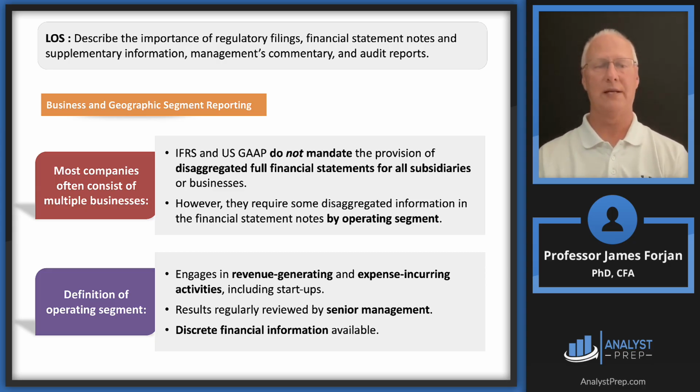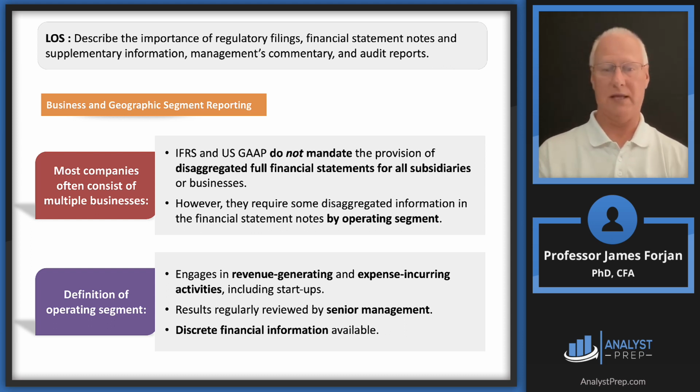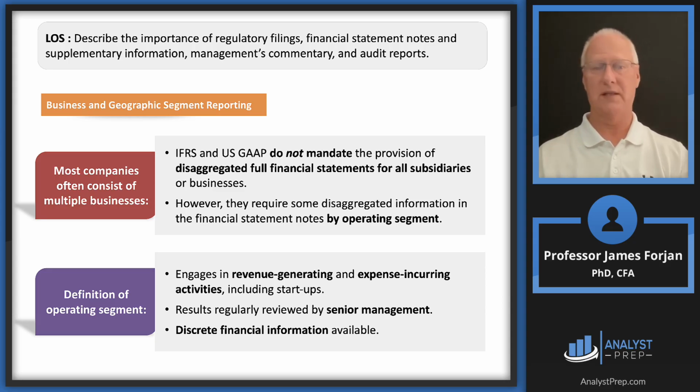And so let's go ahead and define that operating segment. You can define it really however you want to. Maybe it's something on the top right-hand side of the income statement, revenue generating, or maybe the left-hand side of the income statement, expense incurring activities. These results are, of course, regularly reviewed.